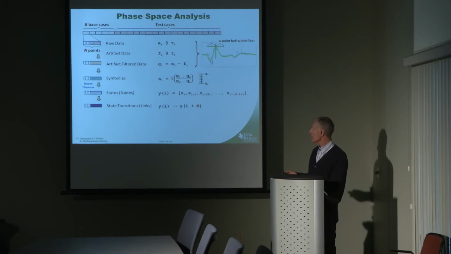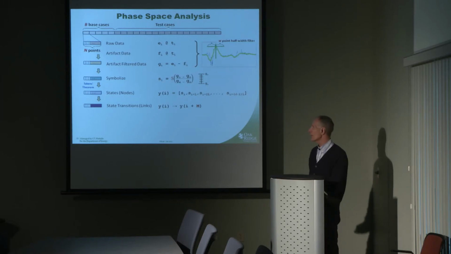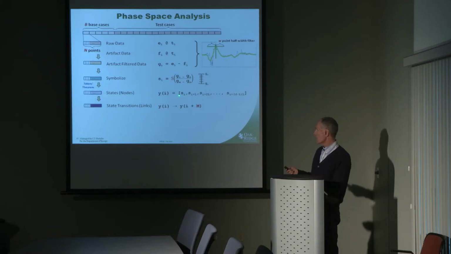We then create what are called phase-based states. So there's a theorem here, and I've labeled it Takens' theorem. Another name for this theorem is the time delay embedding theorem. The values of SI are formed into a vector in the normal algebra sense of the word. So SI is the first component, SI plus some lag is the second component, SI plus twice that lag is the third component, and so on.